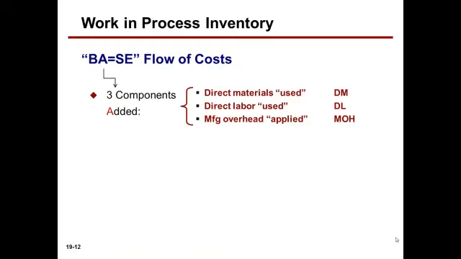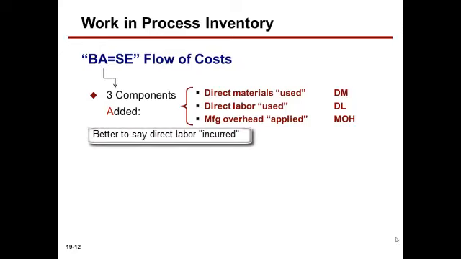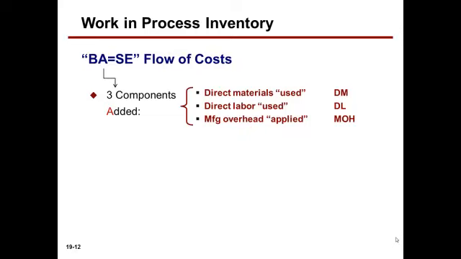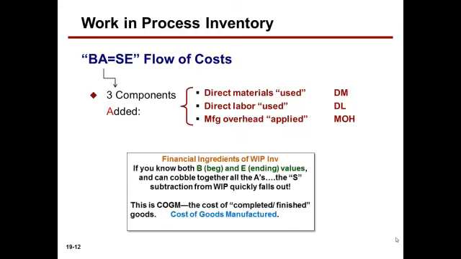The base formula that I call it for the flow of costs is going to be very useful in calculating these amounts. Again, the three components are added: direct materials used, direct labor used, and manufacturing overhead applied. All these come into the work in process inventory account. Now, the financial ingredients of work in process inventory, if we know both the beginning and ending values of work in process and can cobble together all the A's or additions, the S, subtract from work in process quickly falls out.